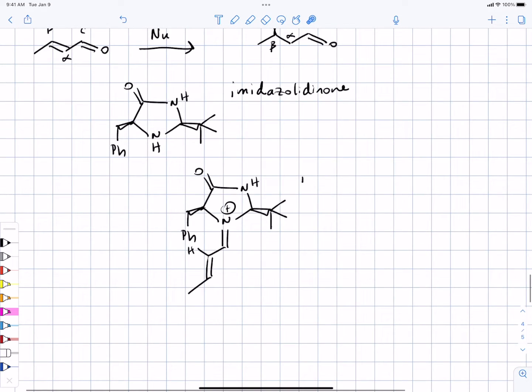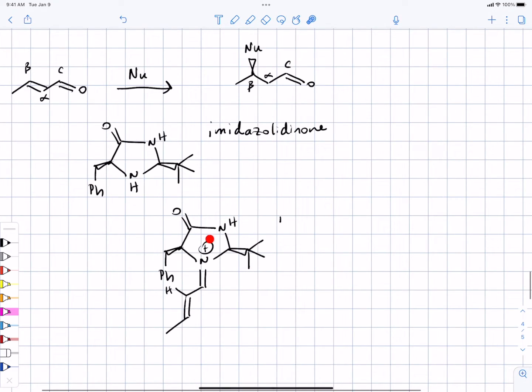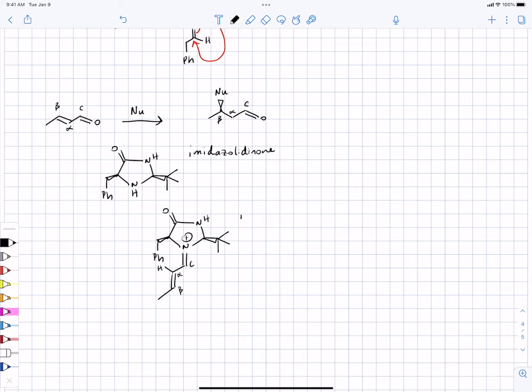And so you've basically done something like protonating the carbonyl oxygen, but you've done so in a controlled fashion because you now have a positive charge on the thing that's attached to the carbonyl carbon. You can draw a resonance structure where there'd be a positive charge on the beta carbon, and finally, the presence of these large groups can bias you towards attack from one face versus the other.